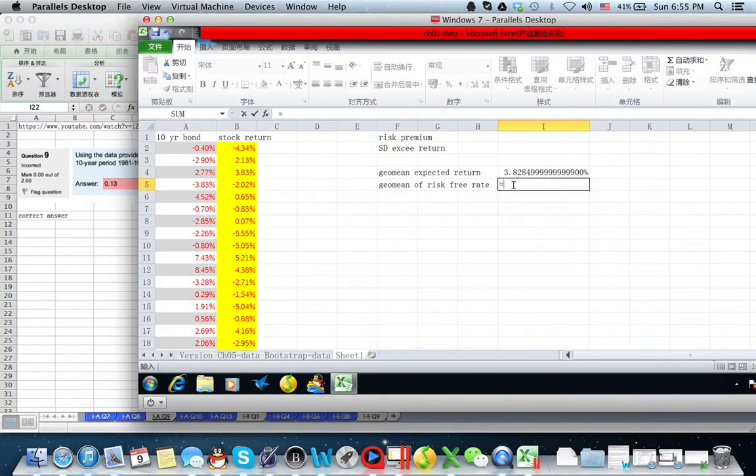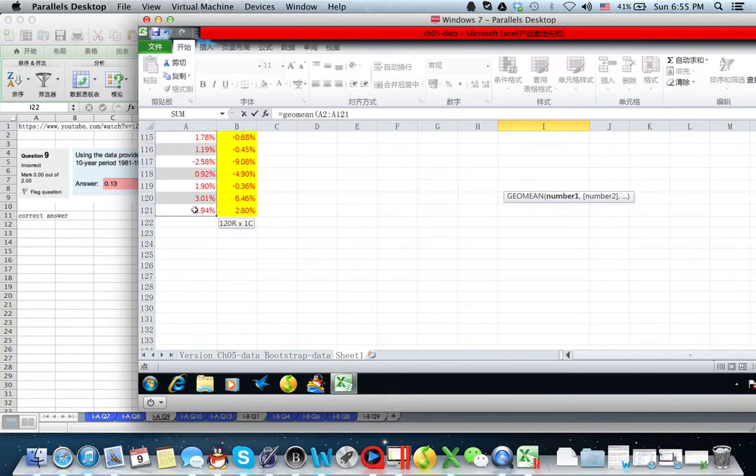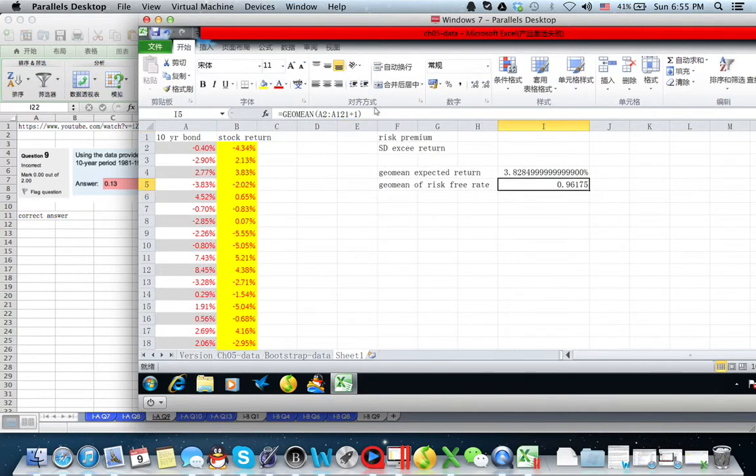So we do the same thing for the geometric mean of the risk-free rate. Then we add 1, and then we subtract 1.